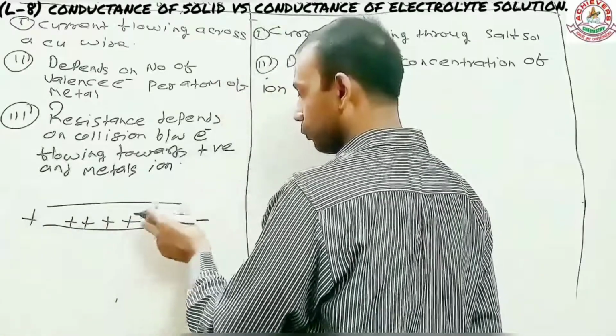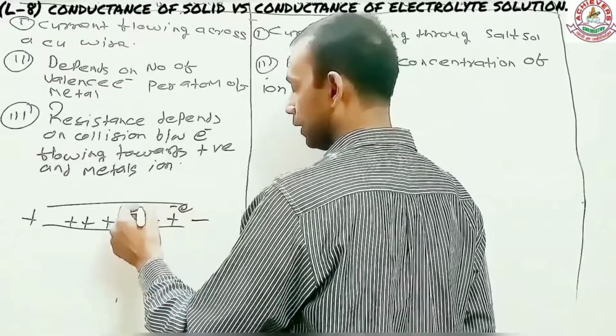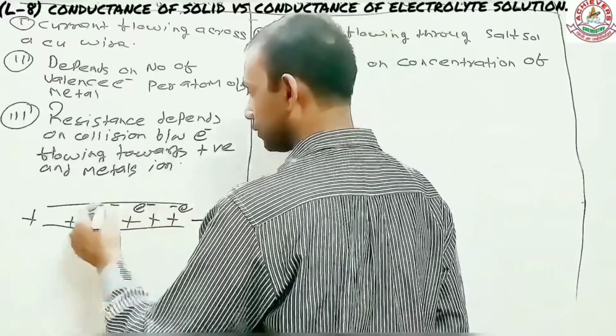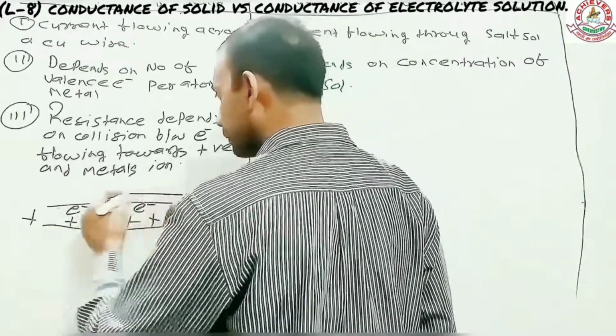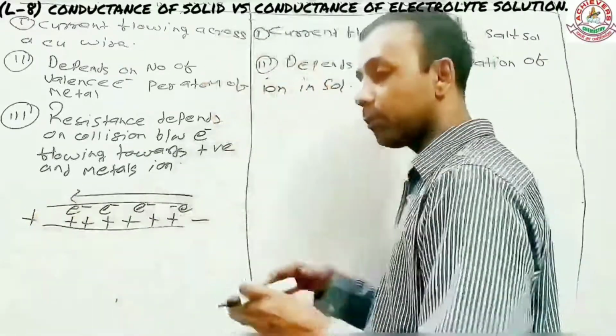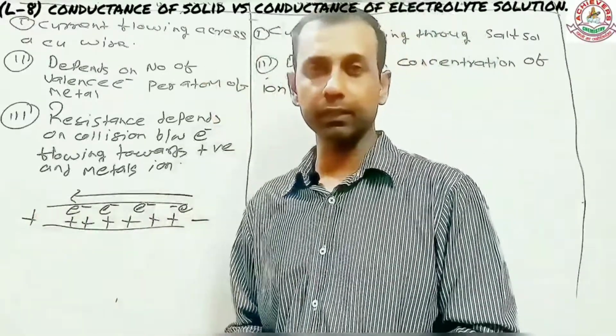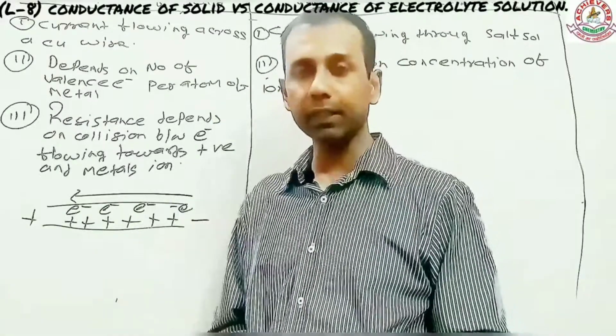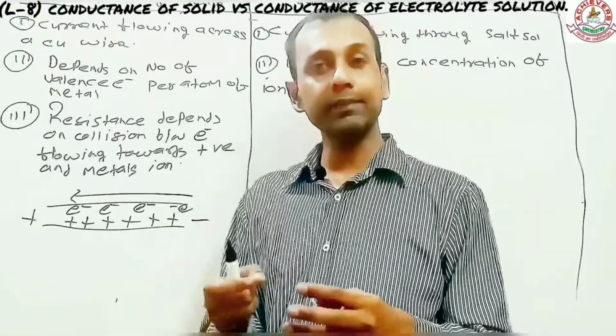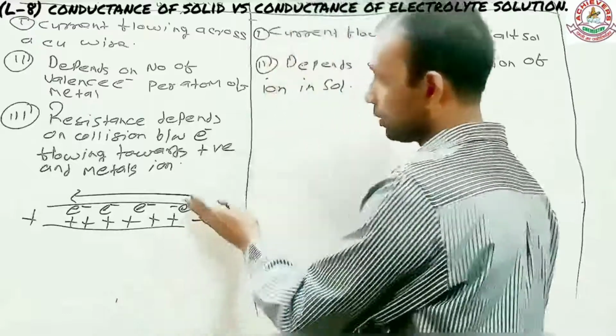So electrons are moving in this direction. While they move, they have to keep on colliding with the positively charged particles, and because they collide, there is a resistance in the conductor.